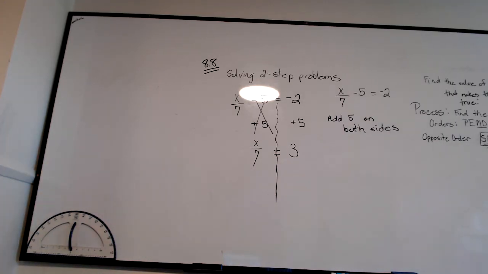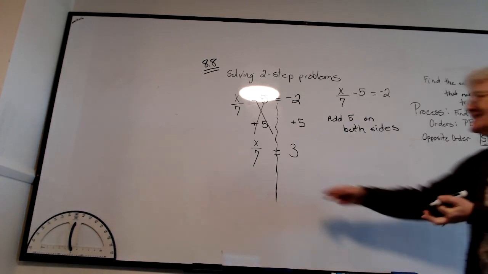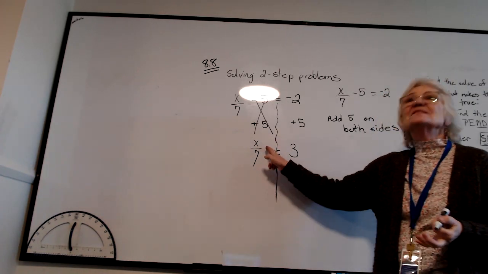Now, what is next? Lil, what am I getting rid of next? The 7. The 7, okay? And what is the operation between the x and 7 right now? Division.